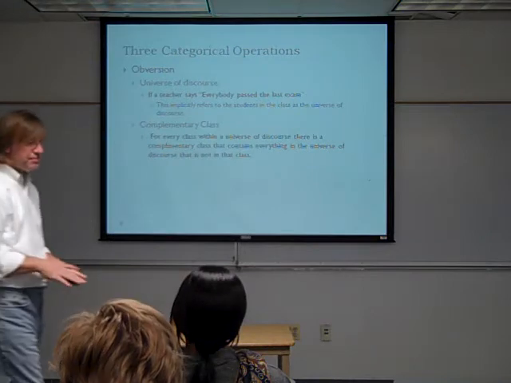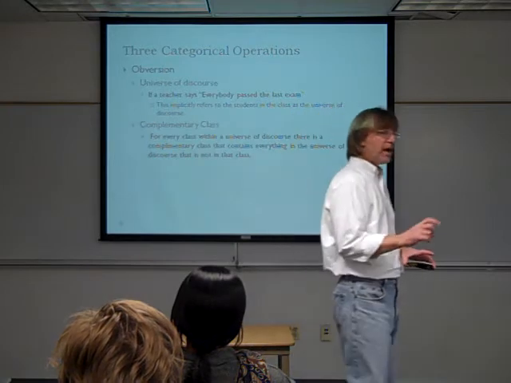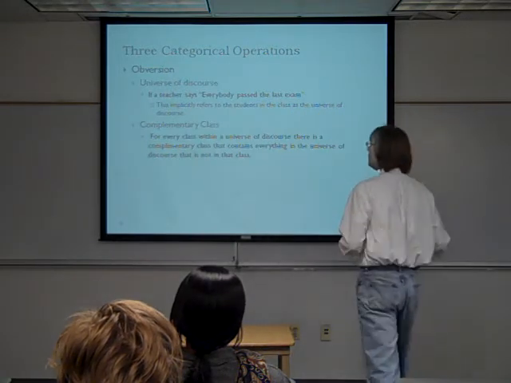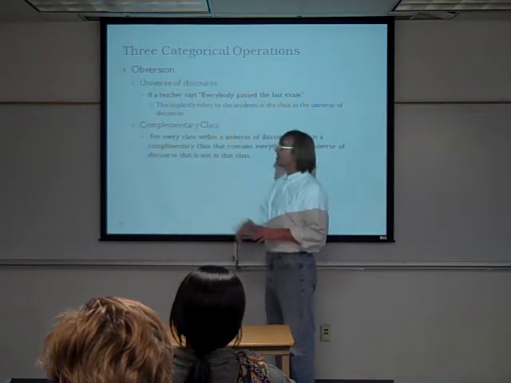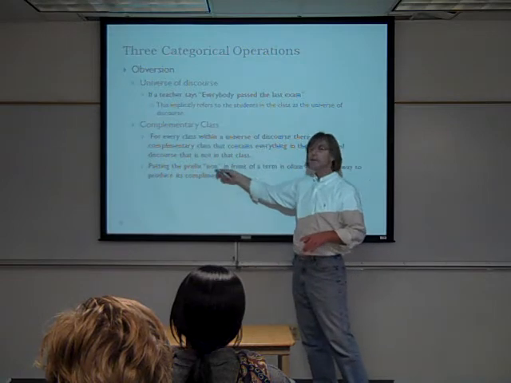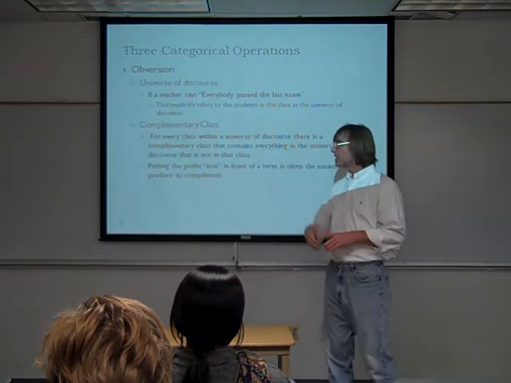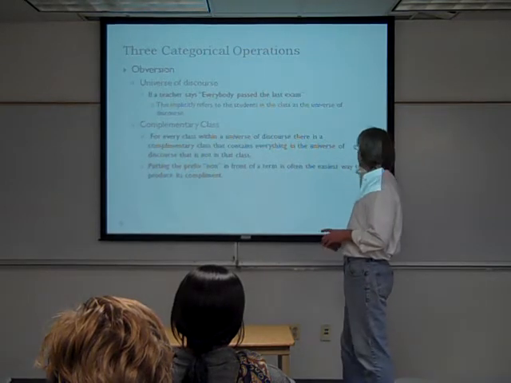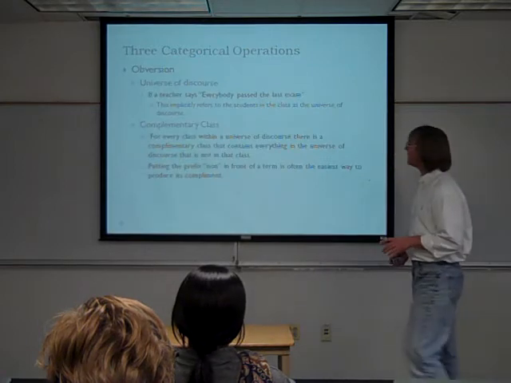Now, some of us got a B and some of us did not. I can refer to those people who didn't get a B as a complementary class, the non-B-getting students on the last exam. And for that complementary class, often you'll use the prefix non in order to convey it.